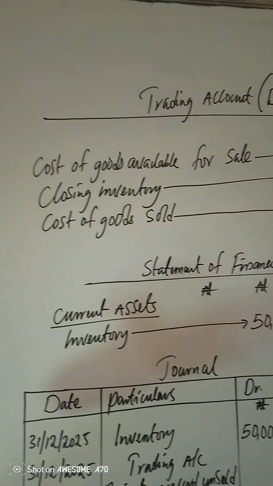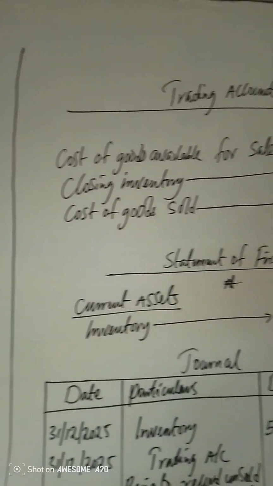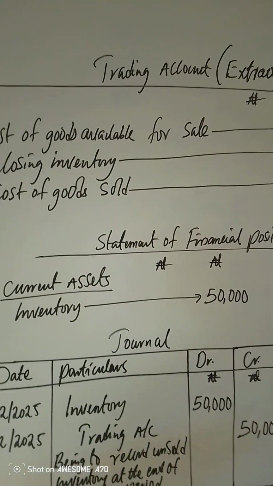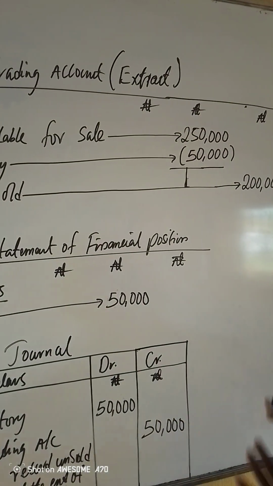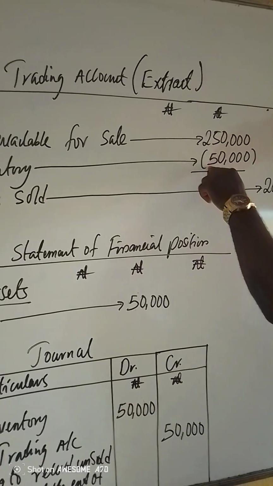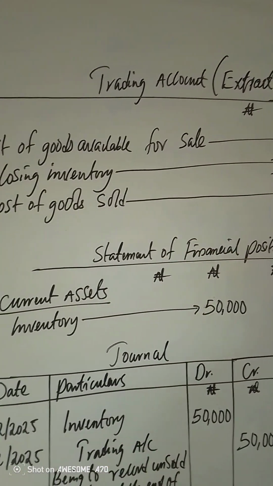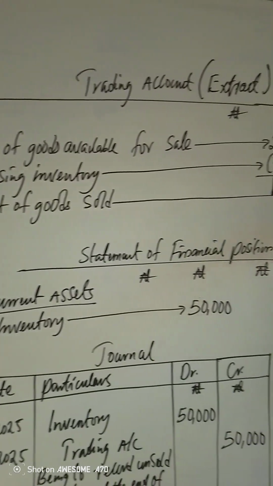The value that is given as closing inventory, this is the time to adjust it. What you are deducting here is an adjustment, whereby the cost of goods available for sale is 250,000. You have to adjust by deducting the value of closing inventory, which is 50,000, given in the information, to arrive at what is called cost of goods sold or cost of sales.